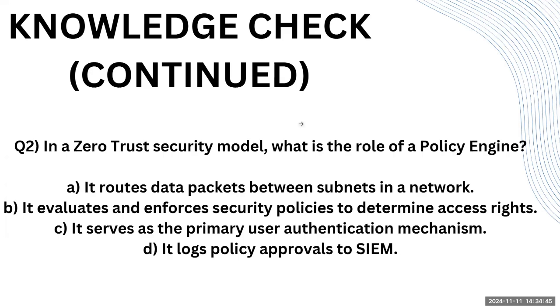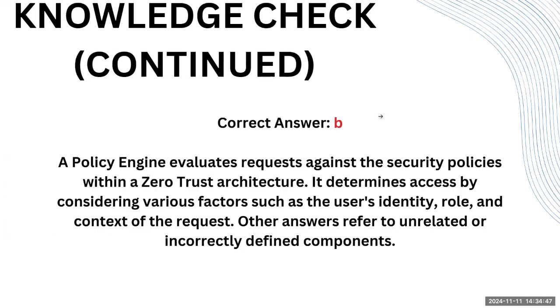So yeah. The policy engine evaluates requests against the security policies within a zero trust architecture. It determines access by considering various factors such as the user's identity, their role, and the context of the request. Other answers refer to unrelated or incorrectly defined components, right?